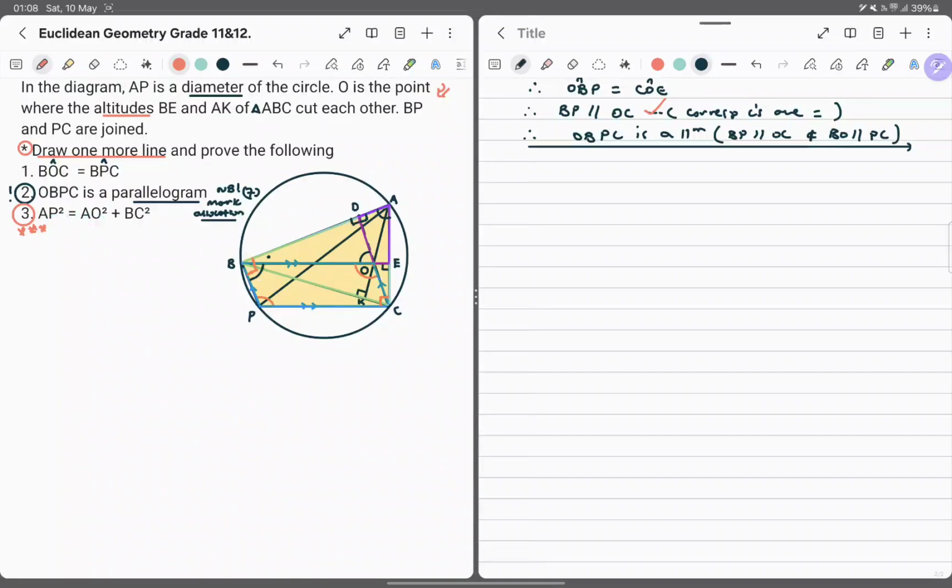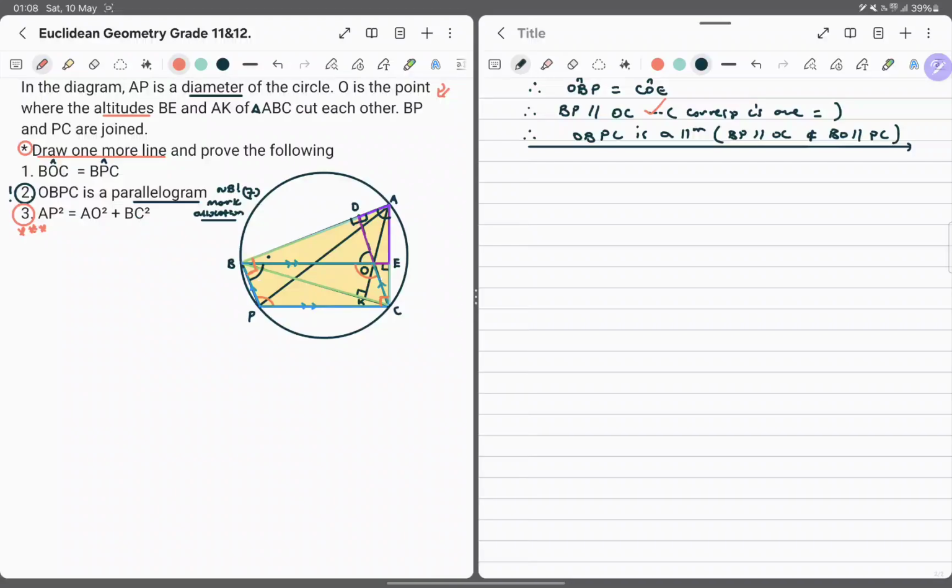Now we need to prove that AP squared. Of course, we've got a triangle APC, which is right angled. Maybe we can use that. AO squared is the hypotenuse of this triangle ADO or AEO, whatever. So there are 2 triangles that AO squared can be written from.